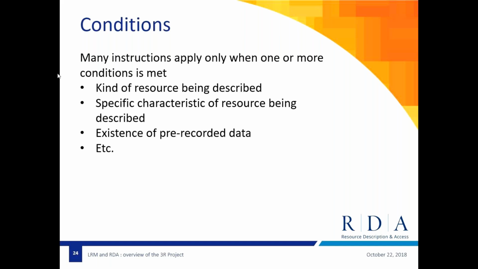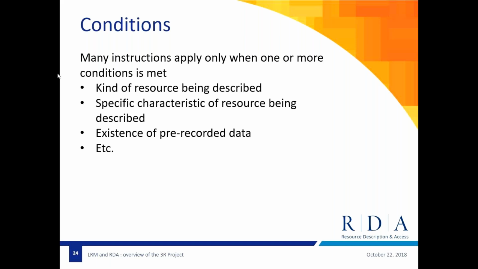But the result is that we've paid attention to the conditions and the fact that conditions govern to a certain extent how you use the toolkit. So if it's a musical resource, do this. So clearly you ignore that if you're not cataloging music.